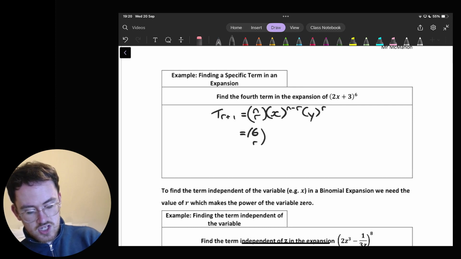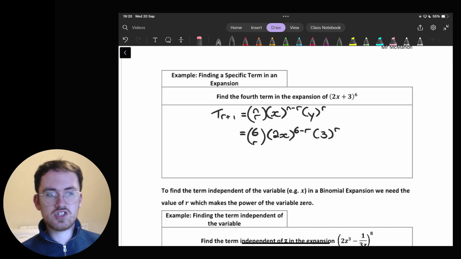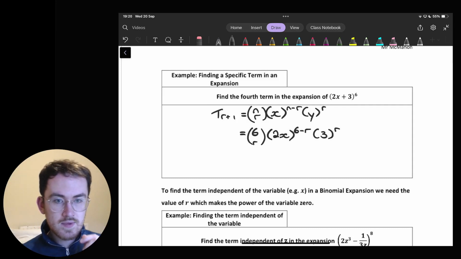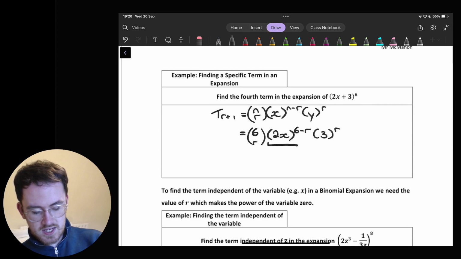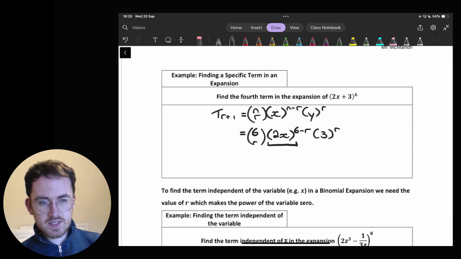Let's just get the general form first of all, and then we can try and apply it for the question here. I'm just going to take some time here to go through some smaller little bits. If we look at the center part here, if we have 2x all to the power of 6 minus r, we might think, can we split that up a little bit? And we can.